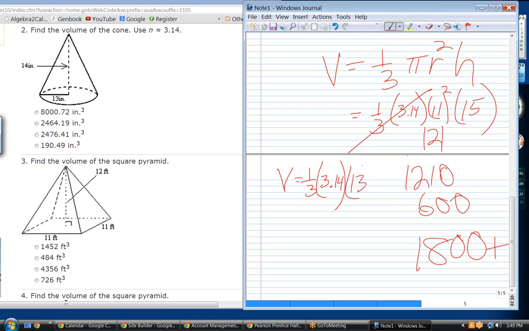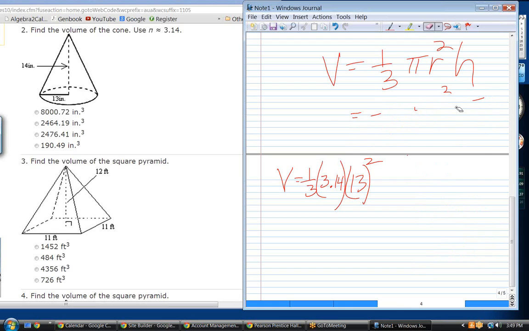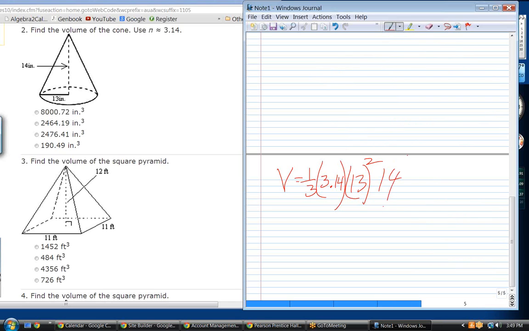Uh-huh, 13. And square. Don't forget to square it. Right, times 14. And that comes to 2,476. Again, they didn't want us approximating it.